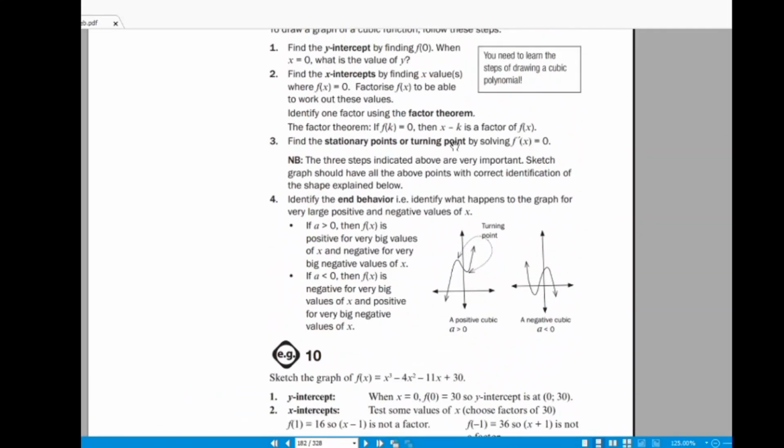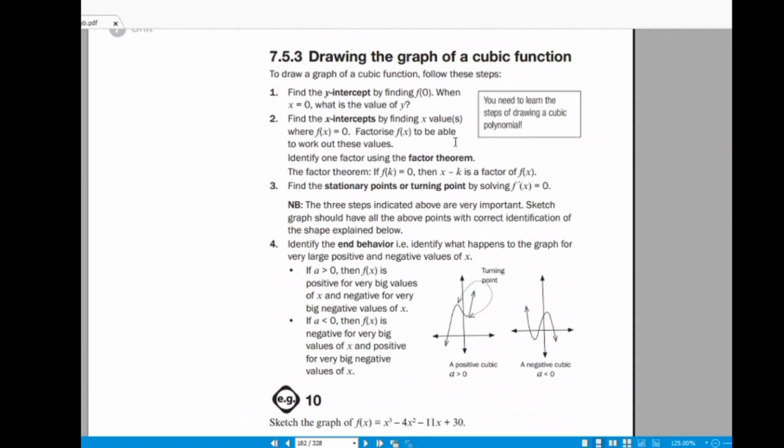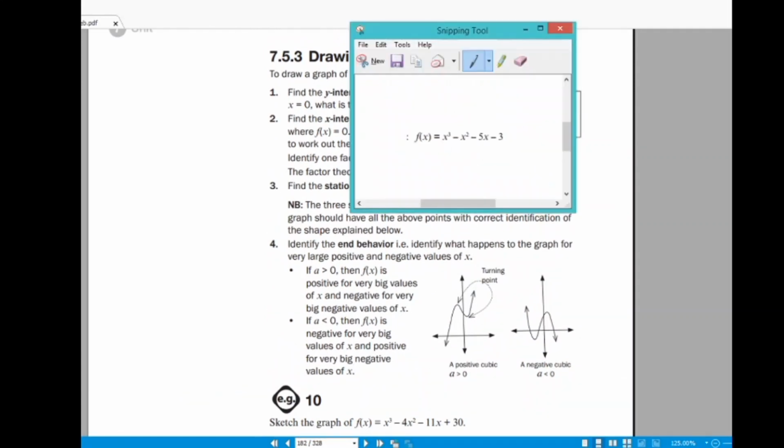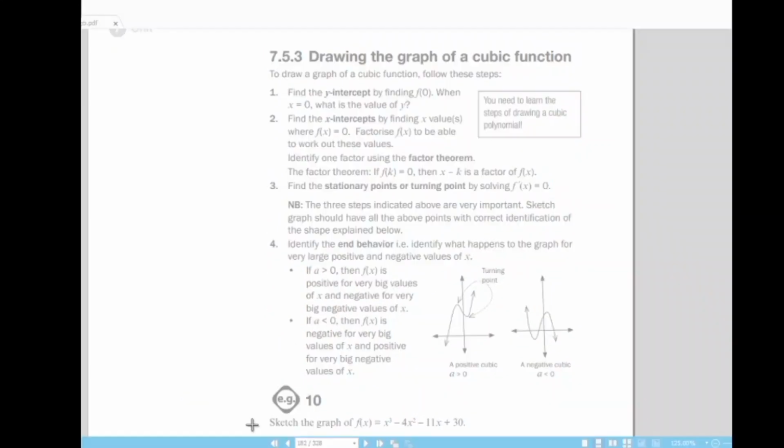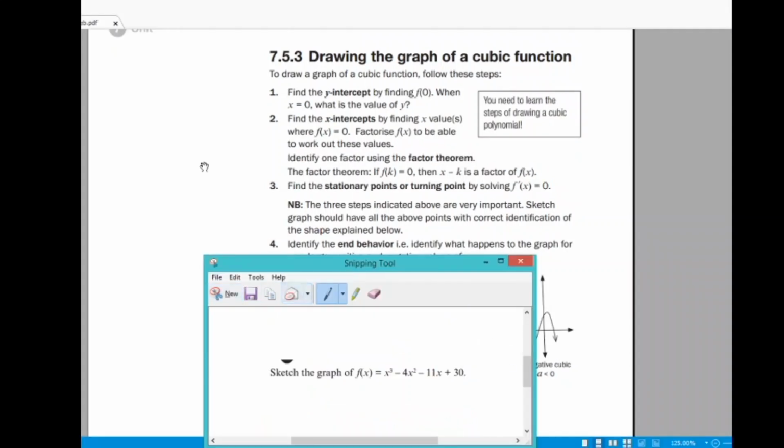So let us do an example. We need to sketch the graph of f of x equals x cubed minus 4x squared minus 11x plus 30, right?